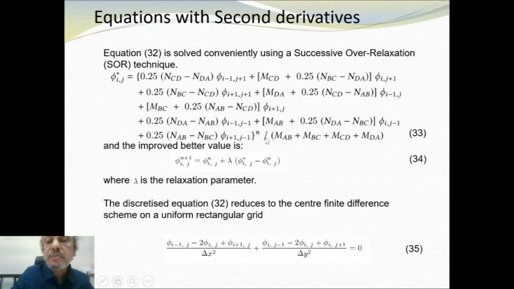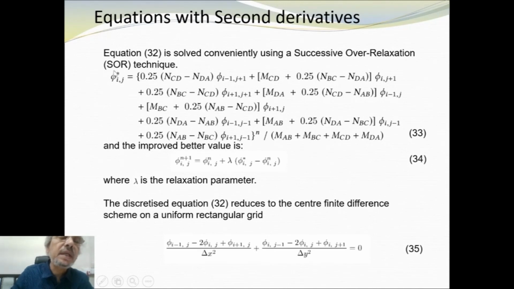These four quantities, bracketed terms together, is the coefficient of phi ij, and we are transferring this to the right hand side, dividing the entire remaining terms with this term, and we are getting phi ij.